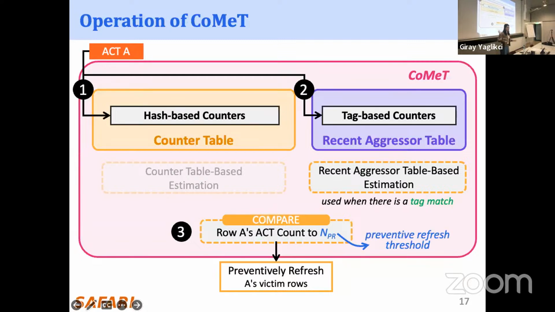And let's say that the other part is not important. There is no tag match. So what we do there is we assume only row A is activated that many times and refresh its victims. And we don't do anything for the other DRAM rows that might be sharing the counter. But the next time they are accessed, the counter value is still over the threshold or at the threshold, so they are also being refreshed.